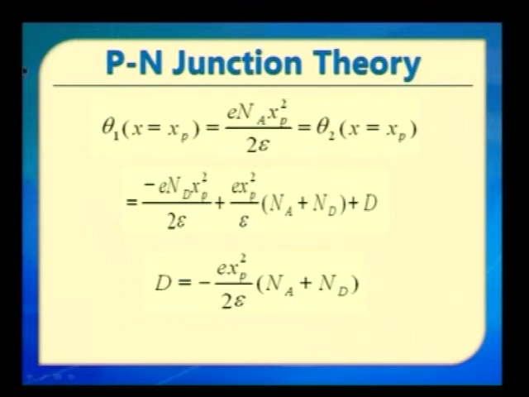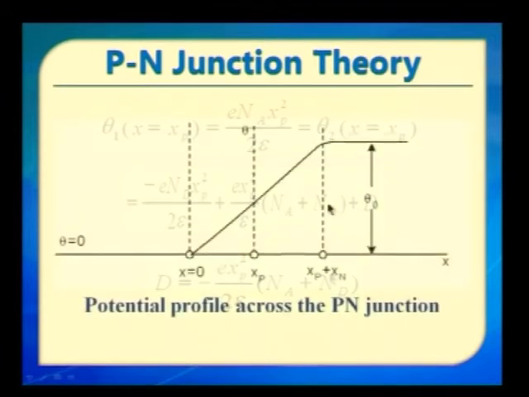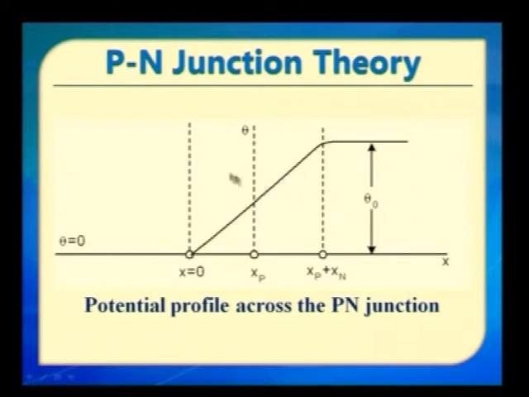From this you can evaluate your d. Your d, the constant of integration, will be minus E times xp square by 2 epsilon into Na plus Nd.